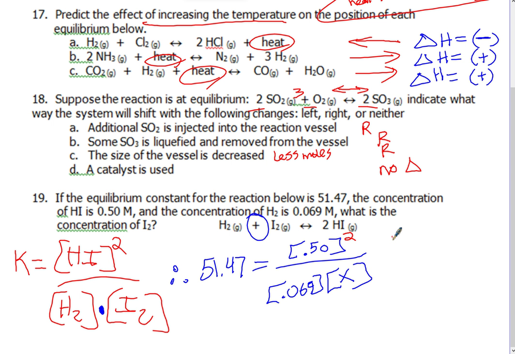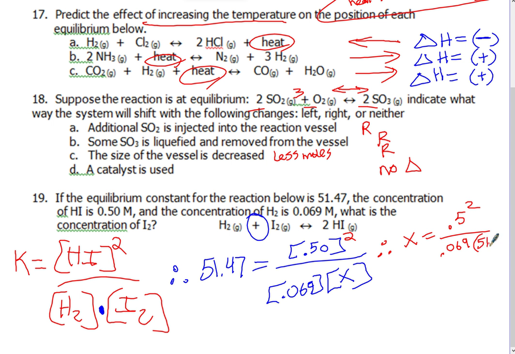Now that I have this set up, I do algebra for X. I manipulate the variables to get to X. I'm going to use my 3 things again. That means X would equal 0.5 squared over 0.069. Does the 51.47 end up on the top or the bottom? On the bottom, right?